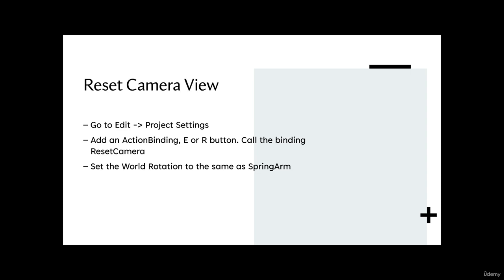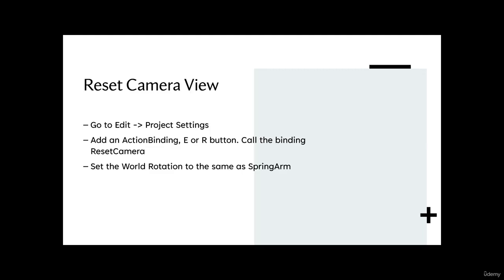So what you really need to do in order to reset the camera, I have some hints for you at the very bottom. It says set the world rotation to the same as the spring arm. Because we want to get back to the default view, and the default view is what the spring arm initially had.